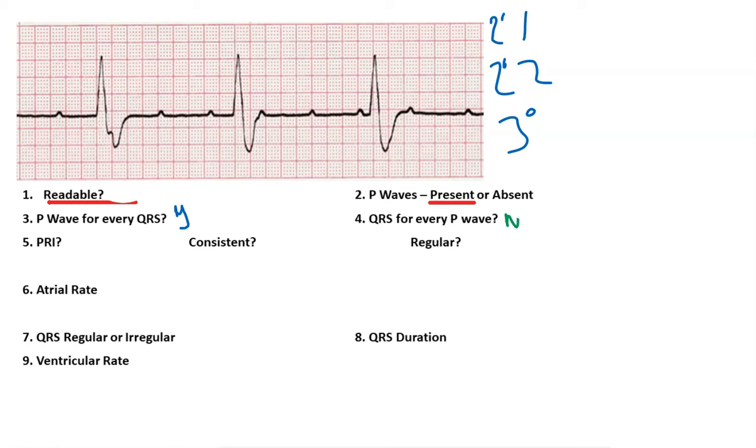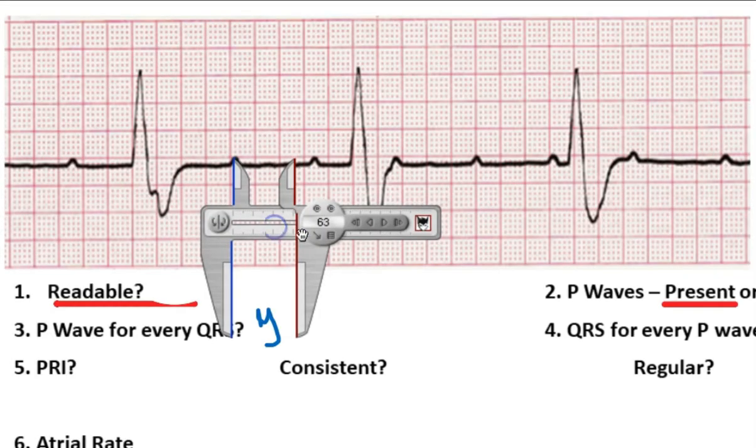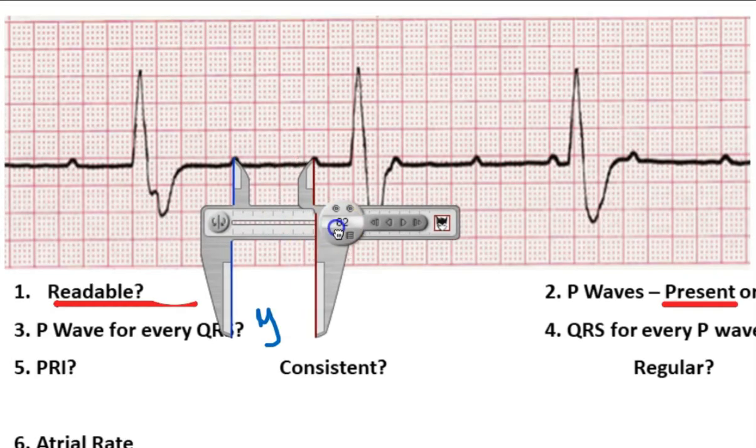So we're going to take a few questions here. We'll see how we have to answer these, because immediately I am taking all this into consideration. I'm going to move my calipers up, and let's go with something that we absolutely know are P waves. So right here are two P waves. I'm very confident that these are two P waves. So I can go either way.